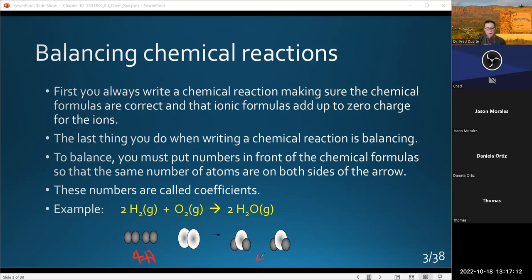And on the right side, we have 4 hydrogens. There's 2 water molecules, and the hydrogens now are in the form of H2O, because H2O has two hydrogens for every H2O molecule. Oxygens, we have two O's on the reactant side, and guess what? We got two O's on the right side, okay? And so we have a balanced chemical reaction.